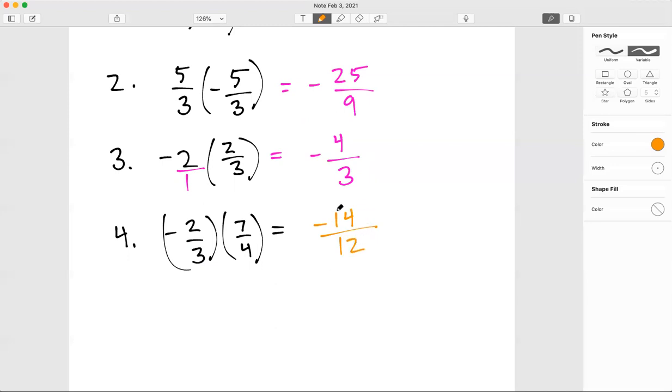Can we reduce it? Well, is there a number that divides into both? 14 can be divided by 2, and 12 can be divided by 2. So 2 goes into 14 and 12. What's 14 divided by 2? 7. Keep it negative. 12 divided by 2 is 6. Now we have a fraction in simplest form.